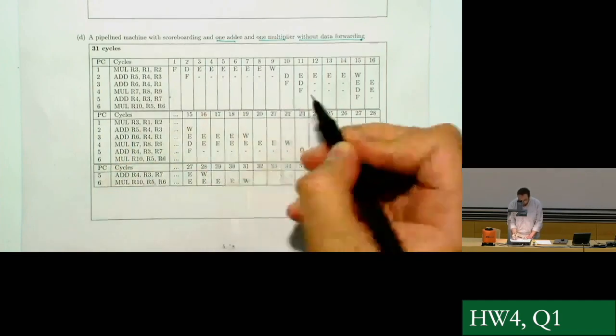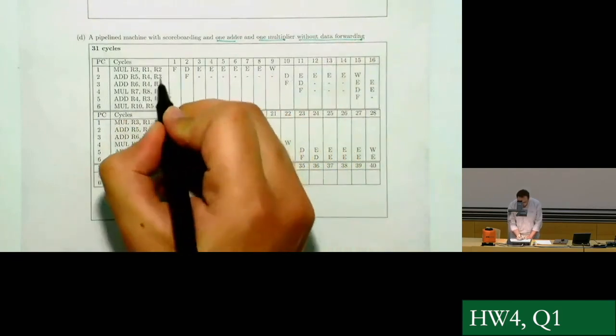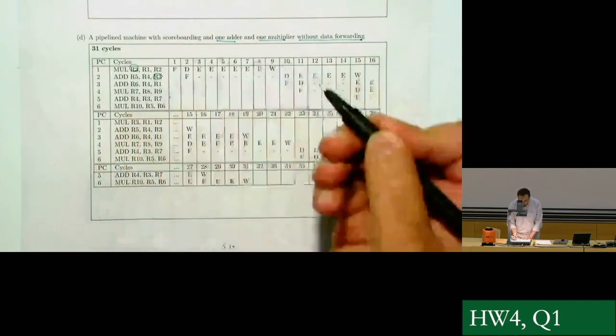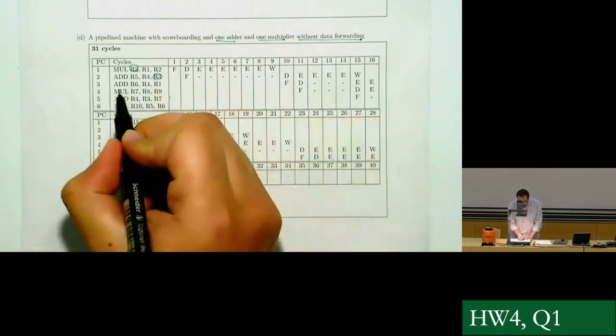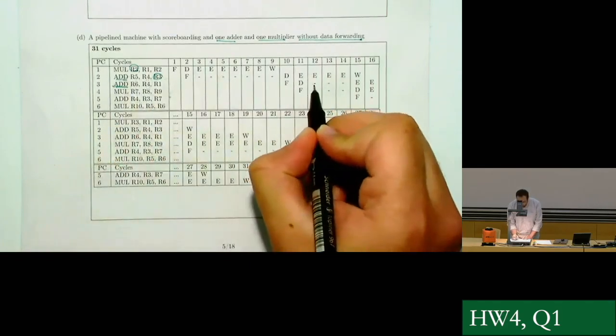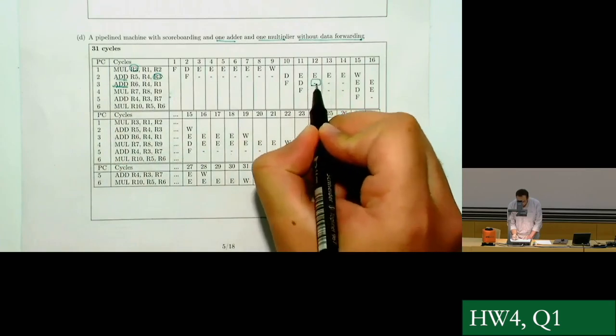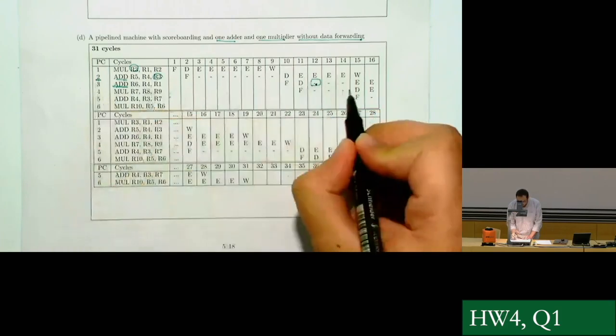Here, what matters is, this R3 is exactly as in the first part of the question. But when we have the second add here, then we cannot start executing here because at this cycle, the adder is being used by the second instruction.